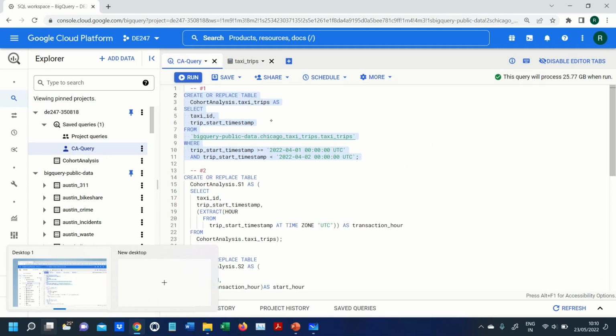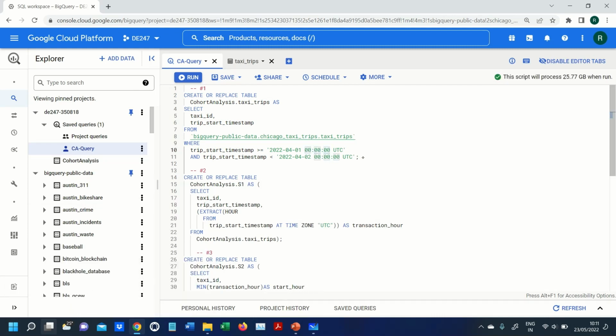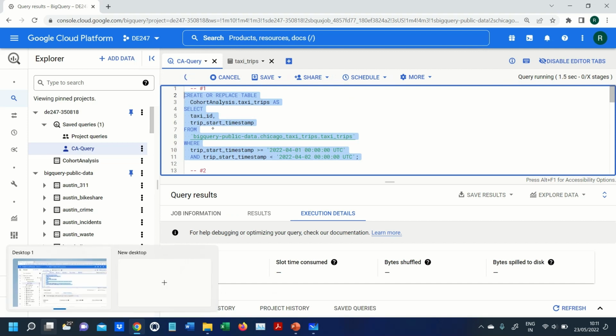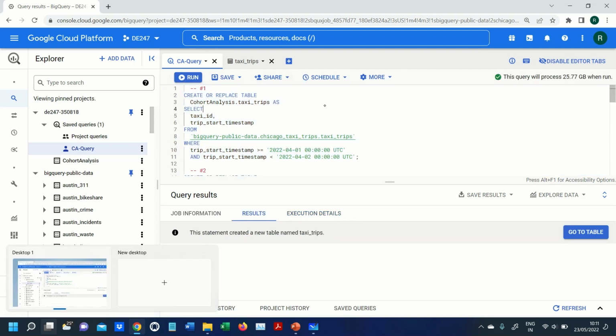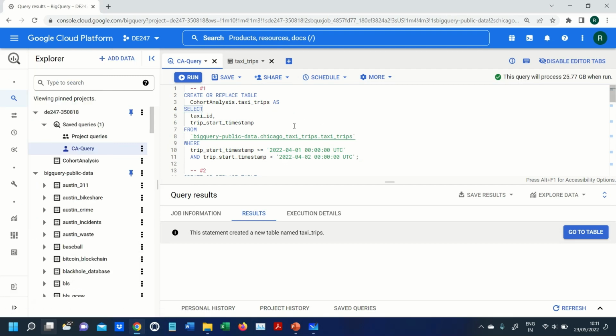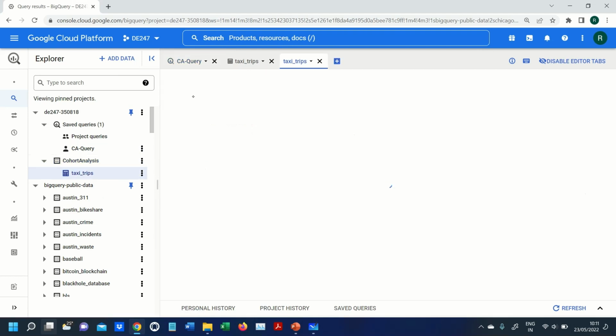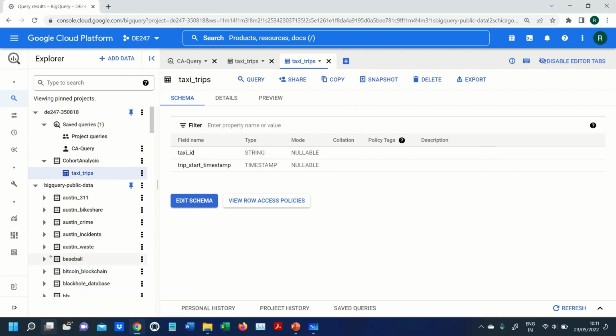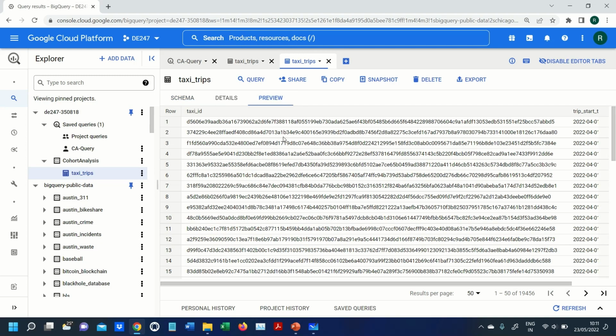So let me take this and execute this query, which creates one subset of this taxi trips record data.